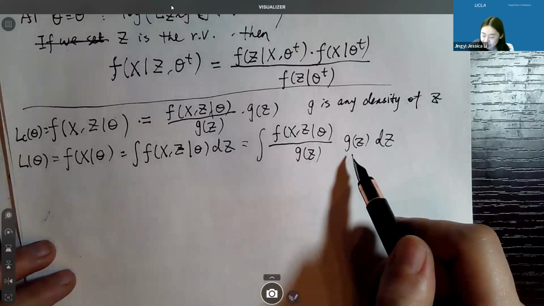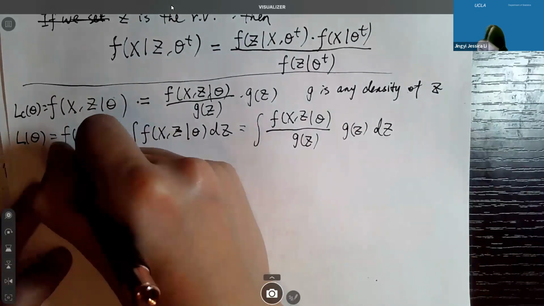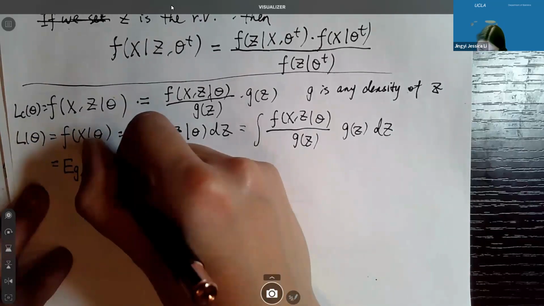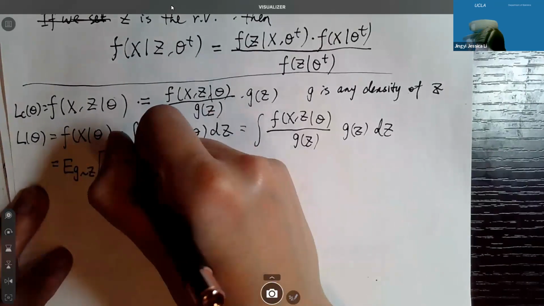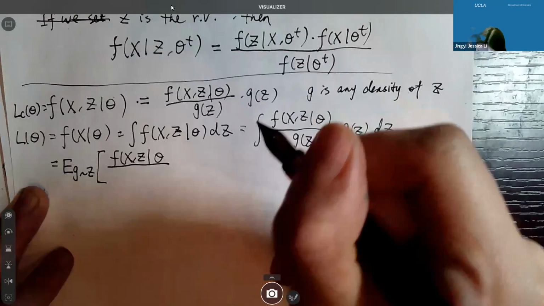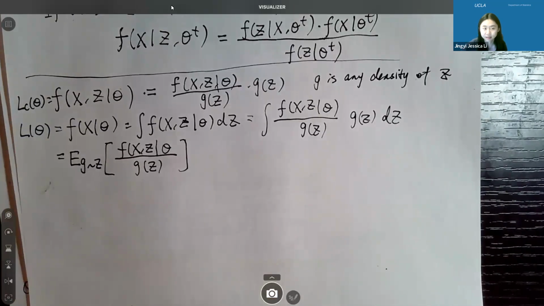Since g is any density of z, now I write this as the expectation, with z following g, of f of x, z given theta divided by g of z.